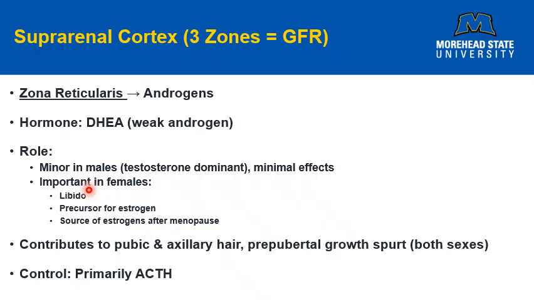Now, this also contributes to the extra physical features you see after puberty: pubic and axillary hair and your growth spurt, in both sexes. Each of them has their own little thing, but the pubic axillary hair and the growth spurts come from this. And again, this zone is primarily controlled by the ACTH hormone.